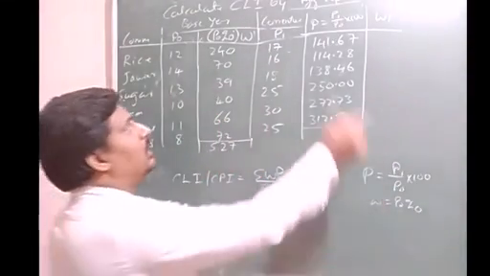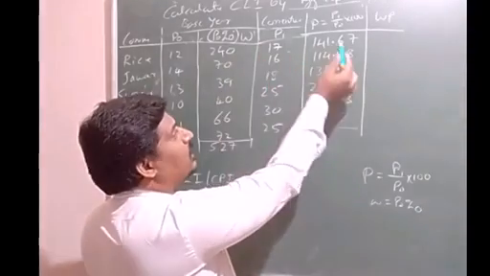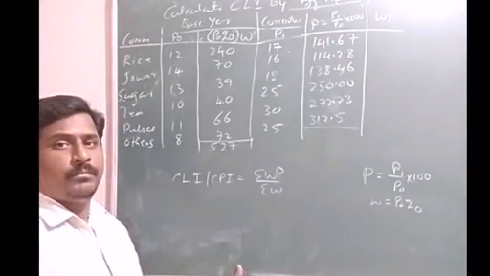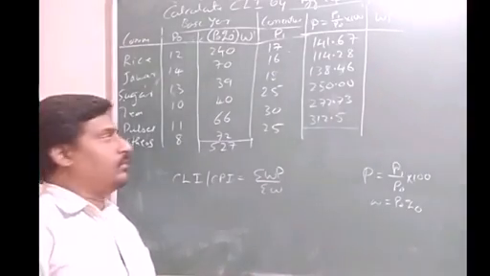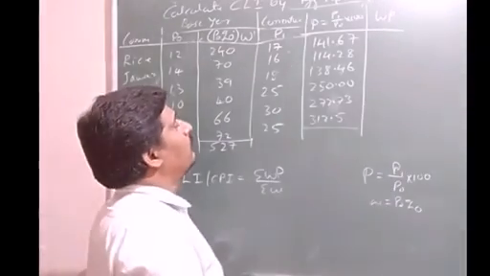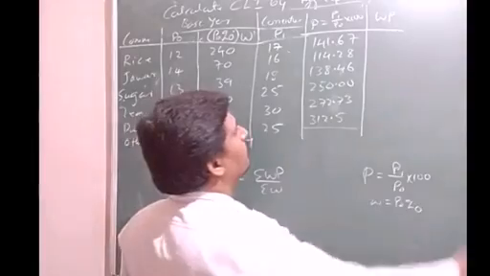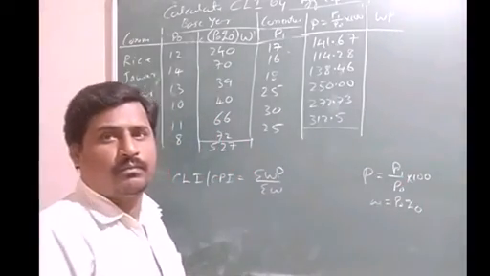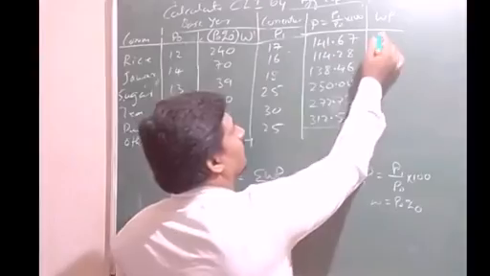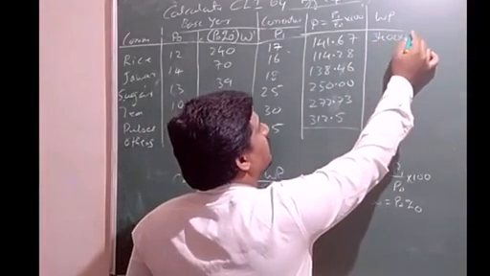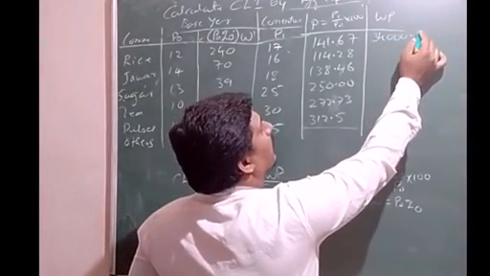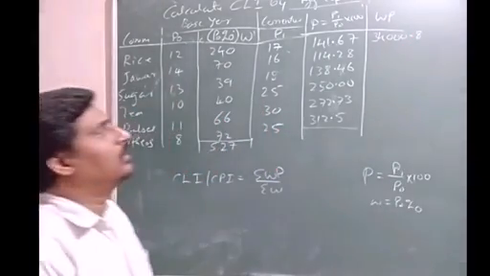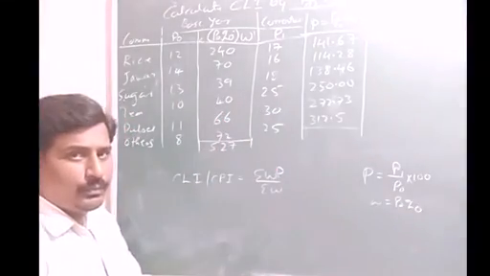First one, 240 into 141.67, that is 34,000.8.